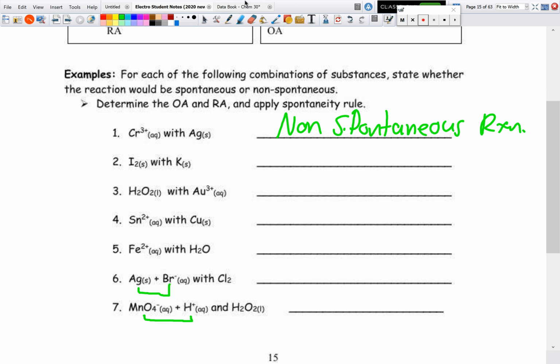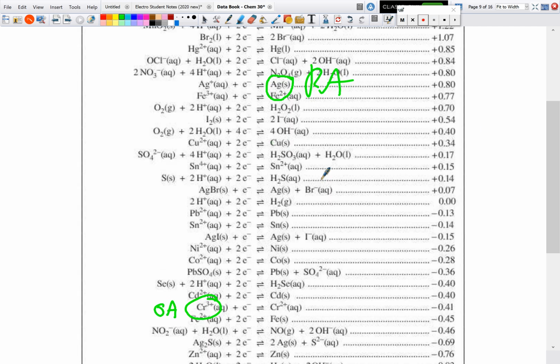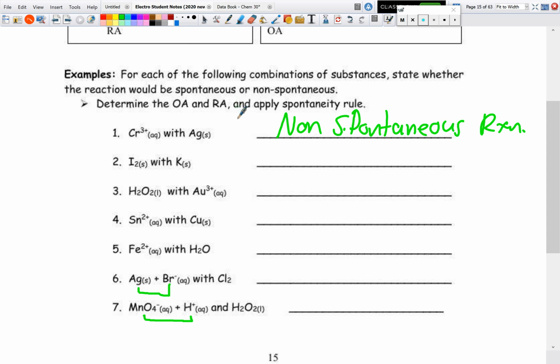And just a spoiler ahead for that silver and bromine one, in your data booklet, silver was right here, but if you go down, you'll see silver solid and bromine. So this combination together makes it a reducing agent. So you'll need to figure out where that one is. But please pause the video and see if you can go through and get the answers. And I'll put the answers up in 3 seconds.